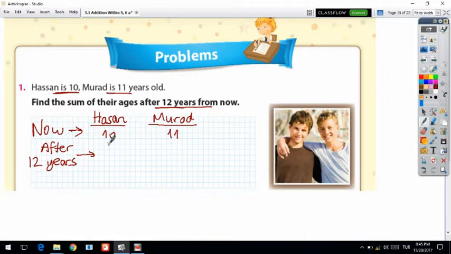So after 12 years, 10 plus 12 is equal to 22. 11 plus 12 is equal to 23. Now, what is the sum of their ages after 12 years? Sum means add, addition. So we put just a plus between them. Then the answer is 45.